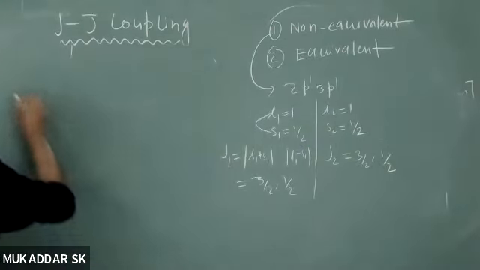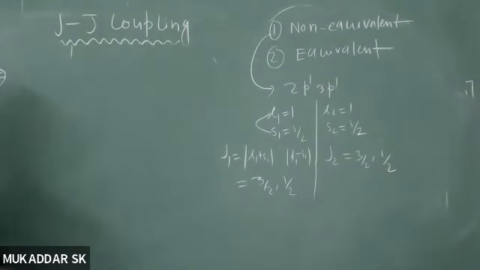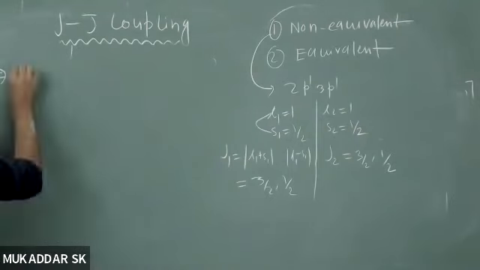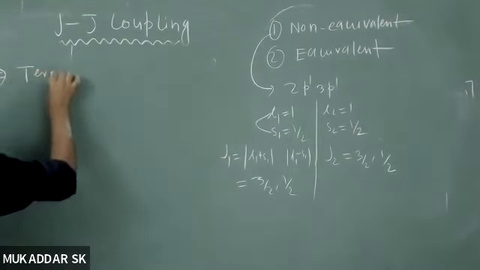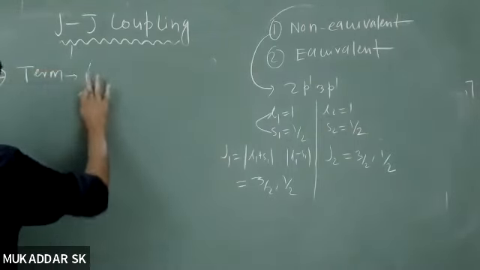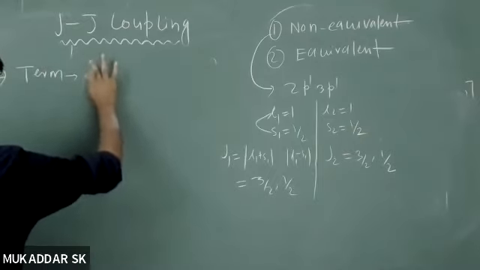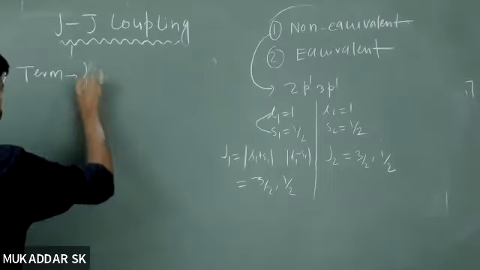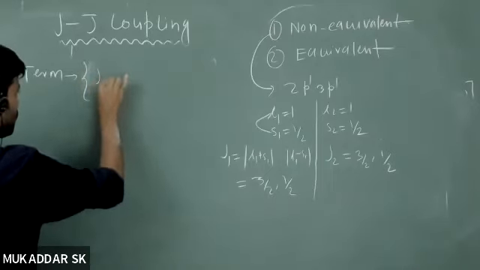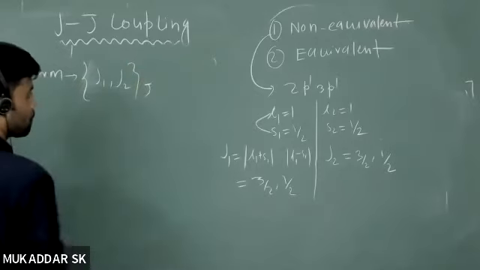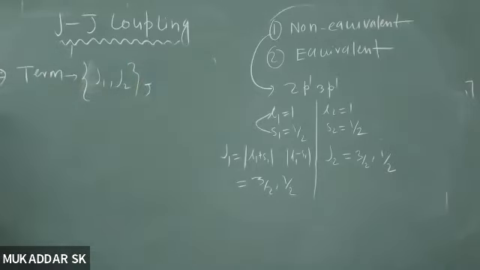So how did you used to write the spectroscopic term for JJ coupling? The term is written as (J1, J2)J.